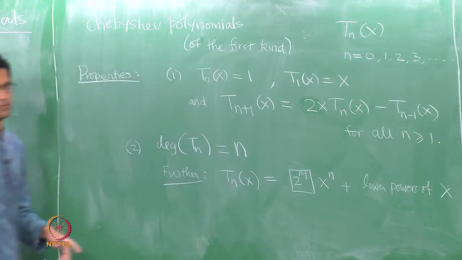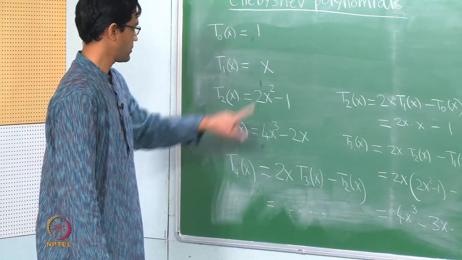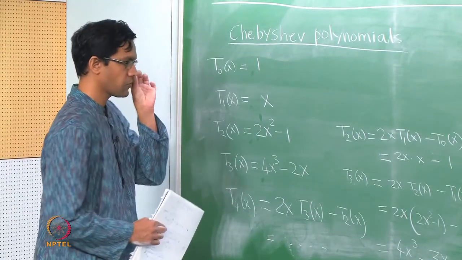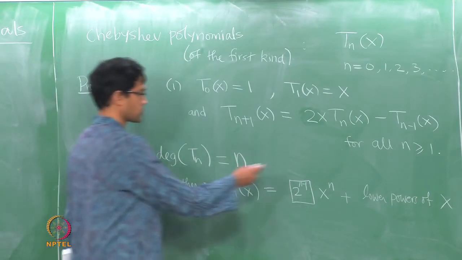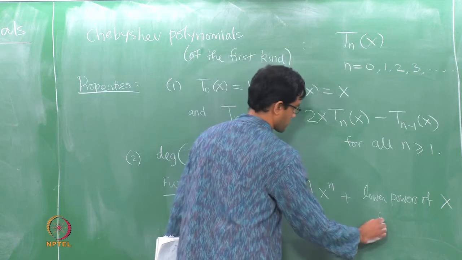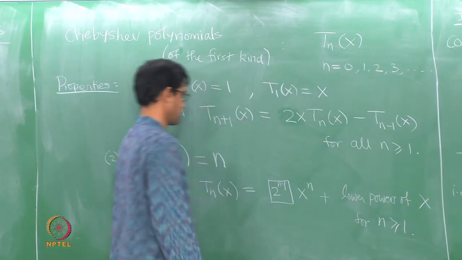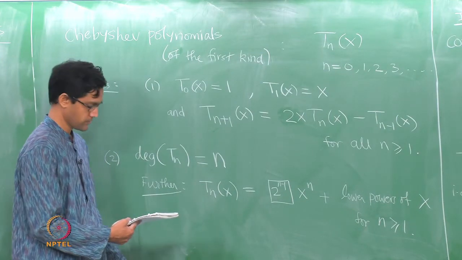It is 2 power n minus 1. Here for instance I have 2 power 1, this guy is 2 squared, this is 2 cubed and so on. So this is true for at least n equal to 1. So even the leading power is very easy to determine in this case.